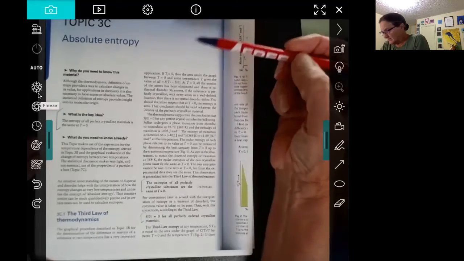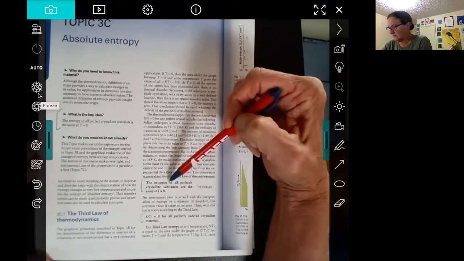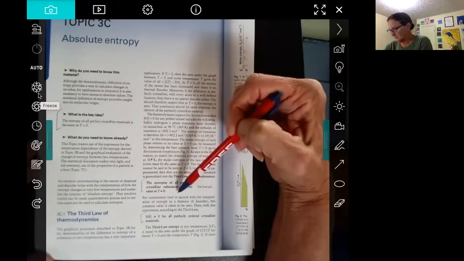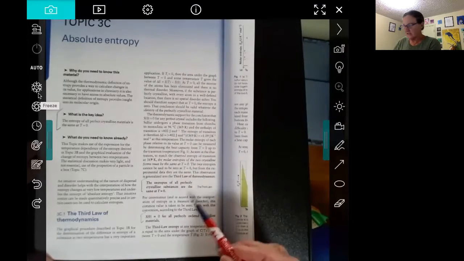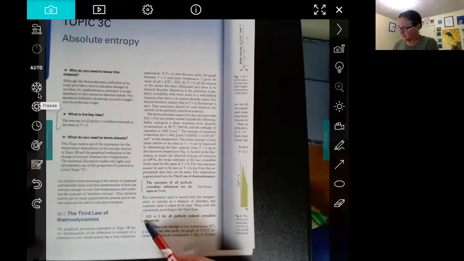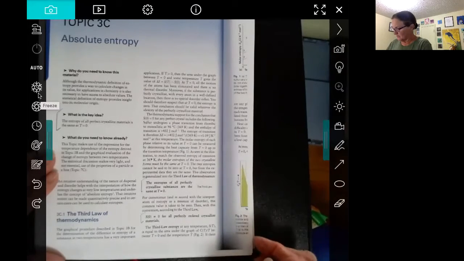That is the third law, and the third law of thermodynamics says the entropies of all perfectly crystalline substances are the same at T equals 0. And we usually assign that value to be 0. So the entropy at T equals 0 for all perfectly ordered crystalline materials. And we'll see that sometimes they don't become perfectly ordered.